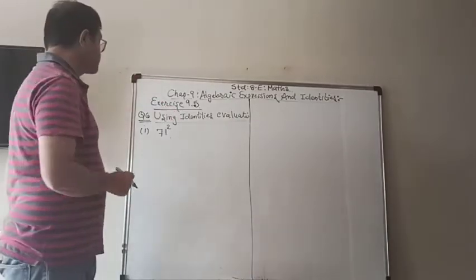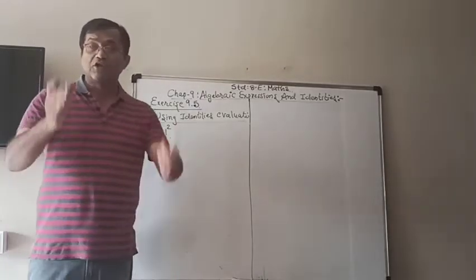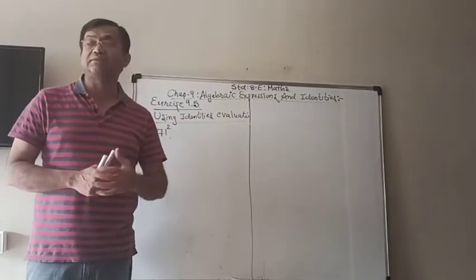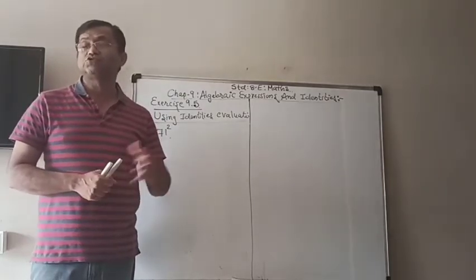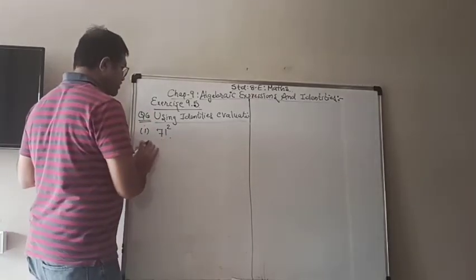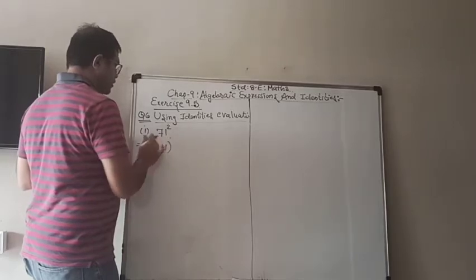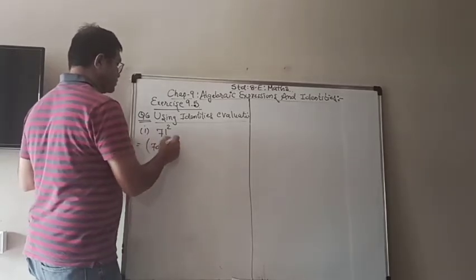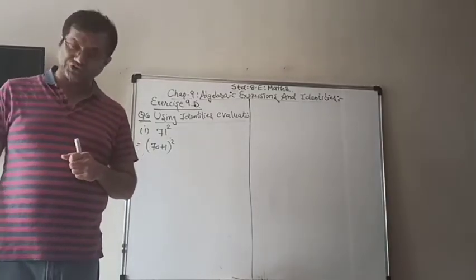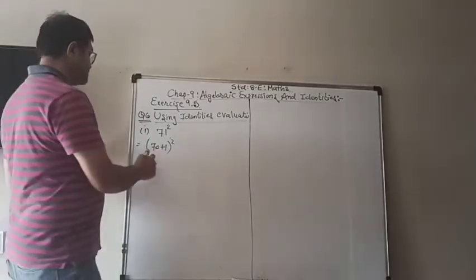So here 71, the nearest multiple of 10 to 71 is 70. So 71 you can write down as 70 plus 1 whole square. Now it is in the form of a plus b whole square, so we can use the first identity.